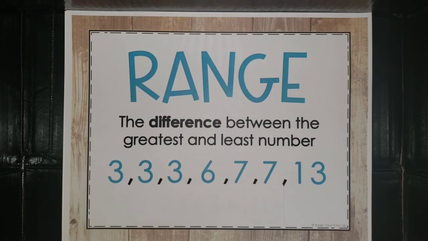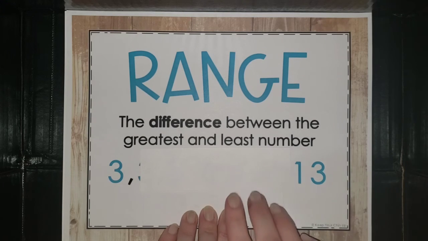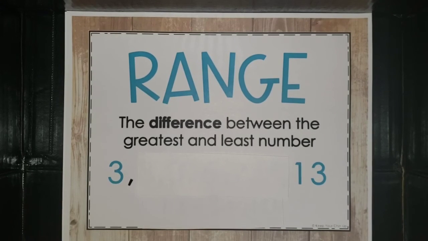So what number is the greatest? You're right, 13. And the least? Absolutely, the 3. So when we're figuring out the difference between the greatest and least numbers, those are the only 2 numbers that we need to worry about.